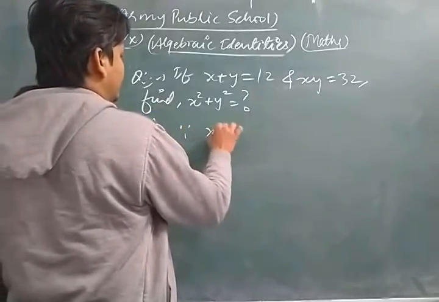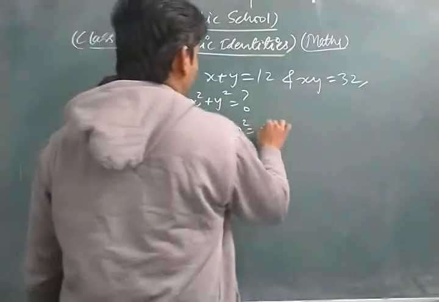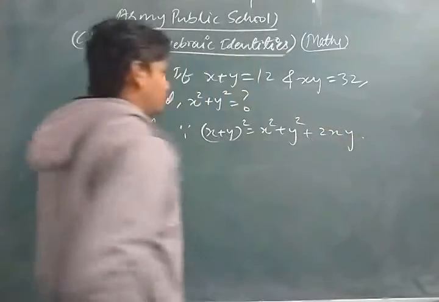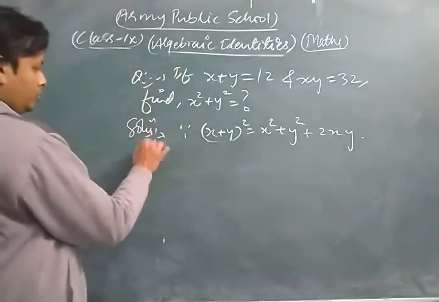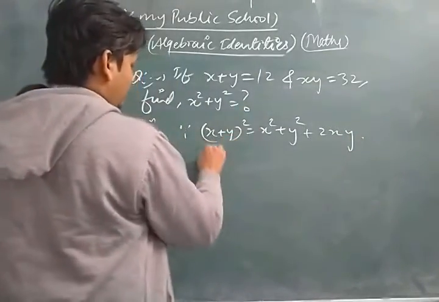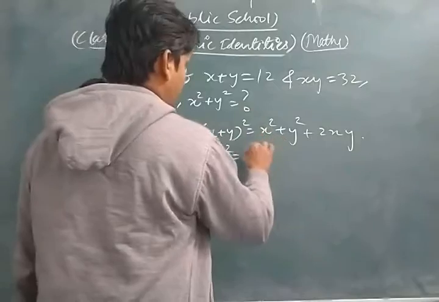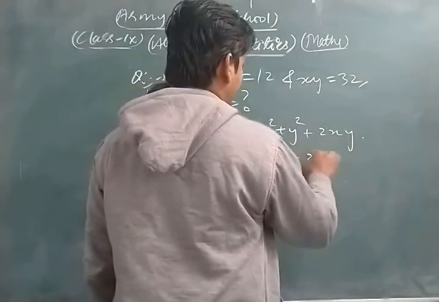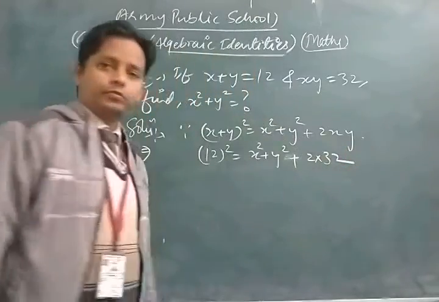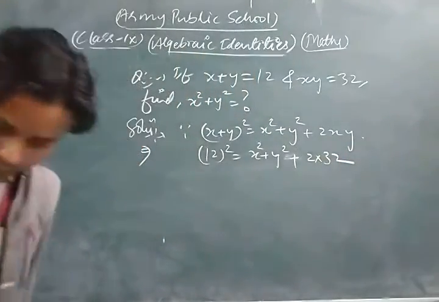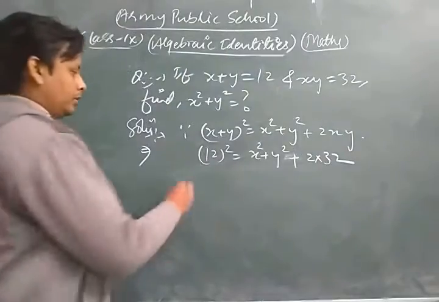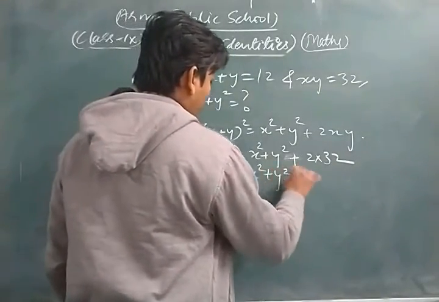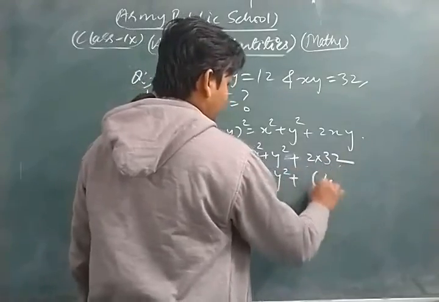Since we know that x plus y whole square is equal to a square plus b square plus 2ab. Okay. So now the value of x plus y is 12, whole square is equal to x square plus y square, which we find, plus 2xy, that is 64. Now look here, this is 144, x square plus y square plus 64.